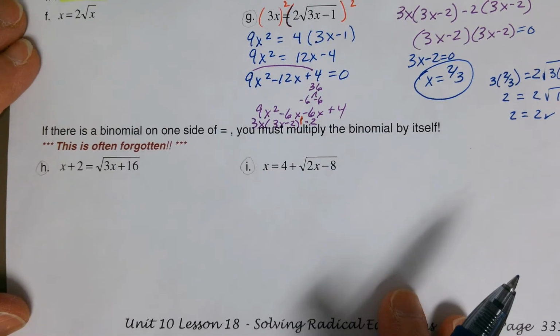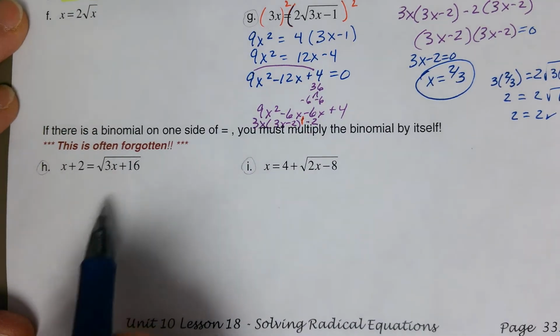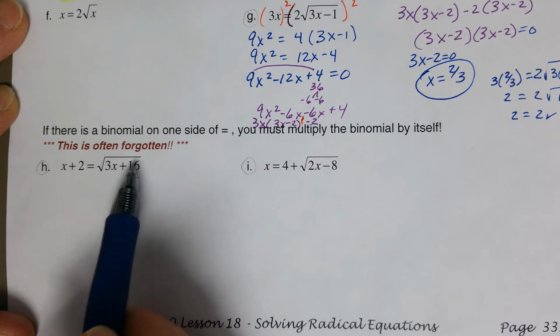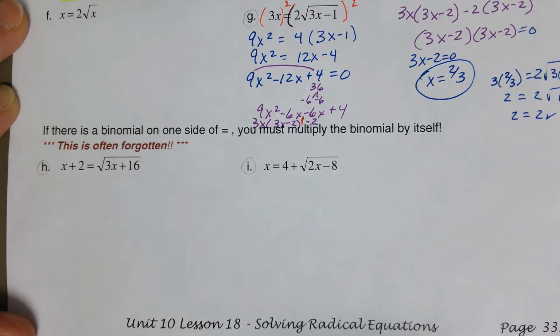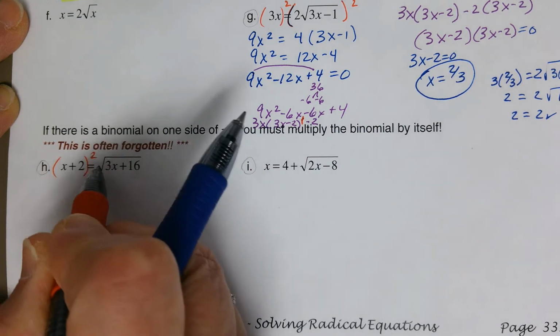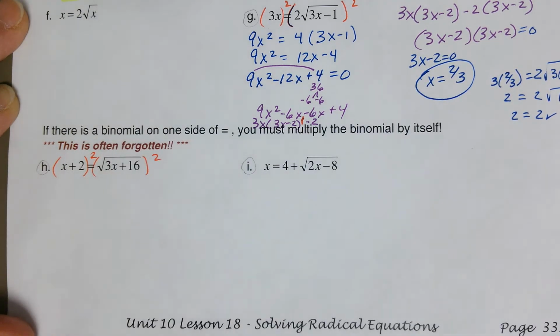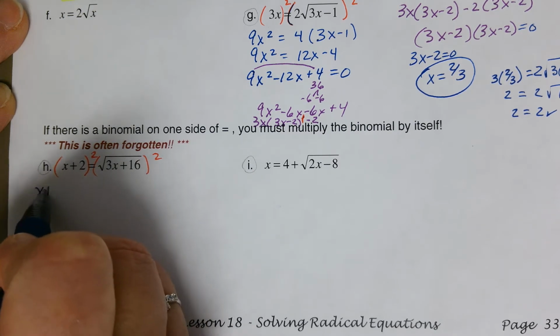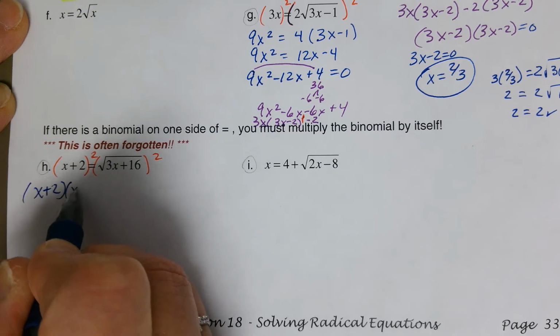Let's look at H. Alright, so our square root, our radical, is isolated. It's by itself there, so we are going to square both sides. And yes, this is a binomial here, so make sure you are multiplying x plus 2 times x plus 2.